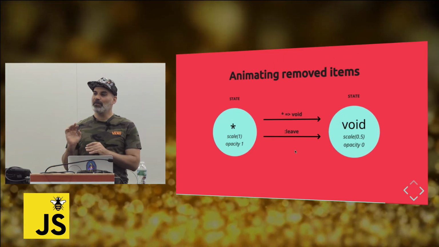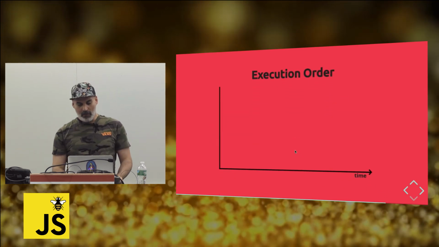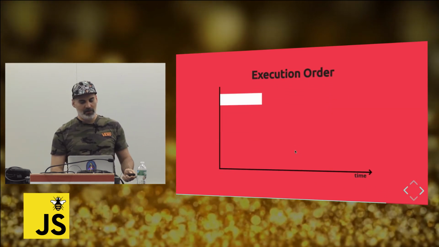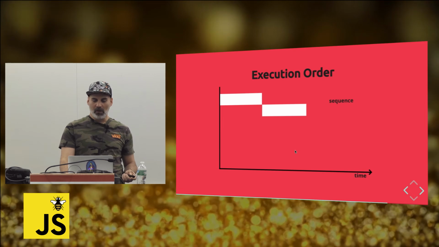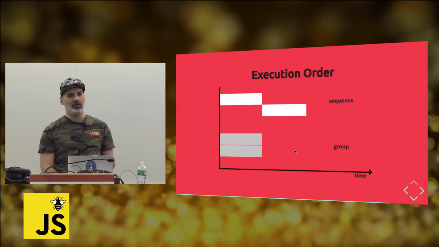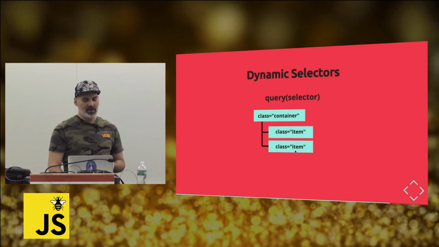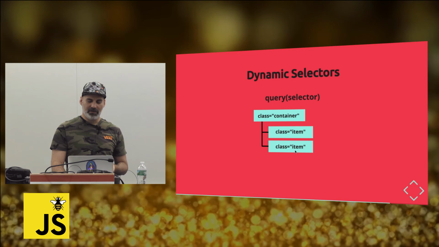So we covered both animations, when we add the element and when we remove the element. What else can we do? Well, we can do a few more things with Angular. We can change the execution order. We can use sequence or group to run in parallel or in sequence. We can also use what are called dynamic selectors.